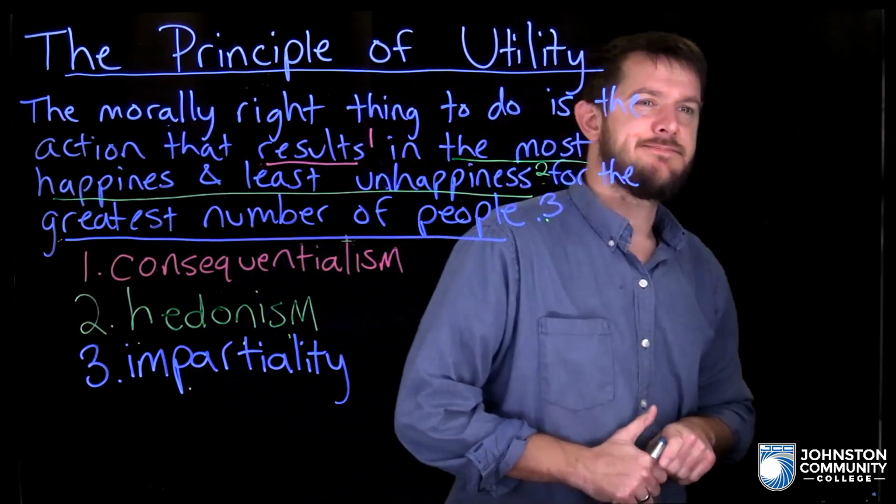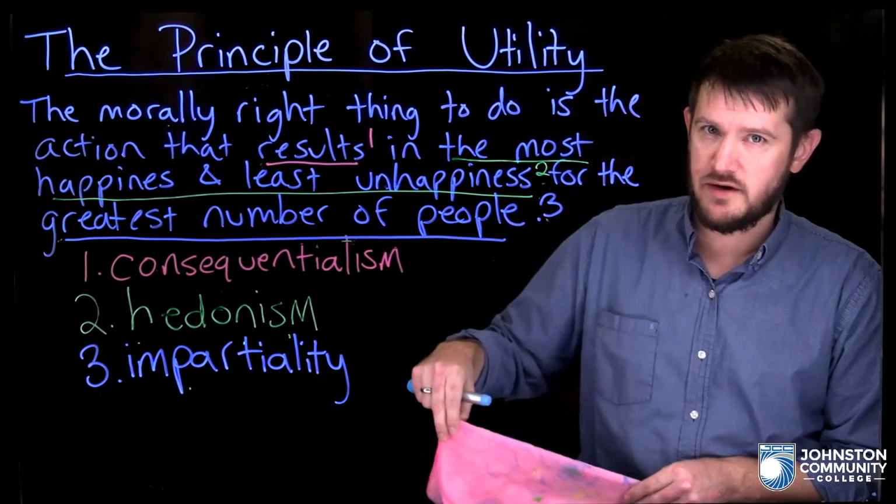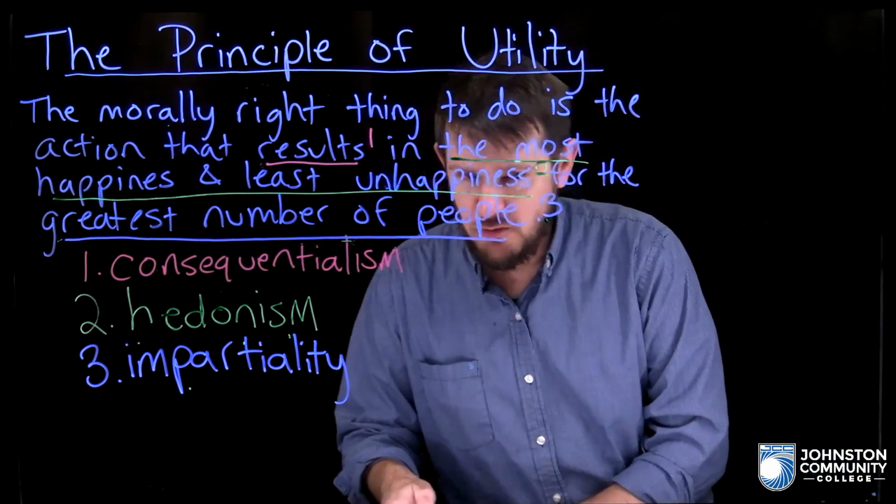So this is impartiality. Utilitarianism is an impartial moral theory because it says everybody counts the same.